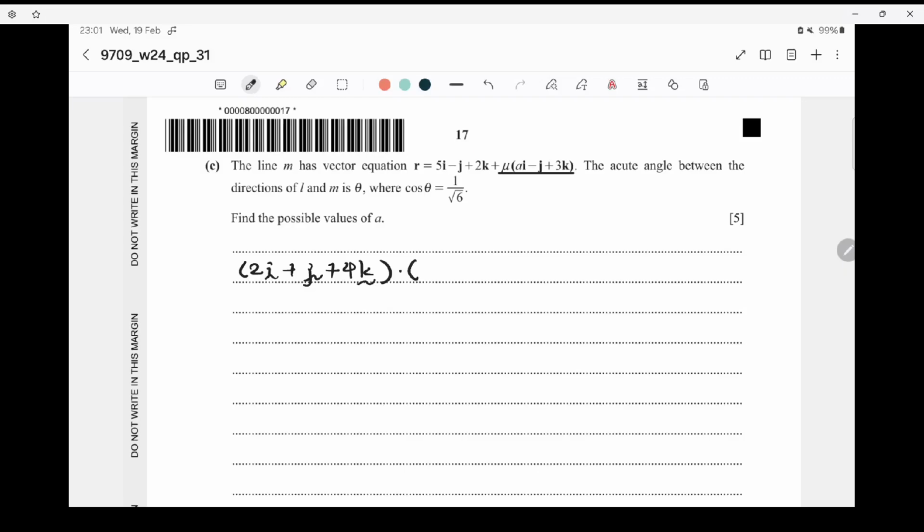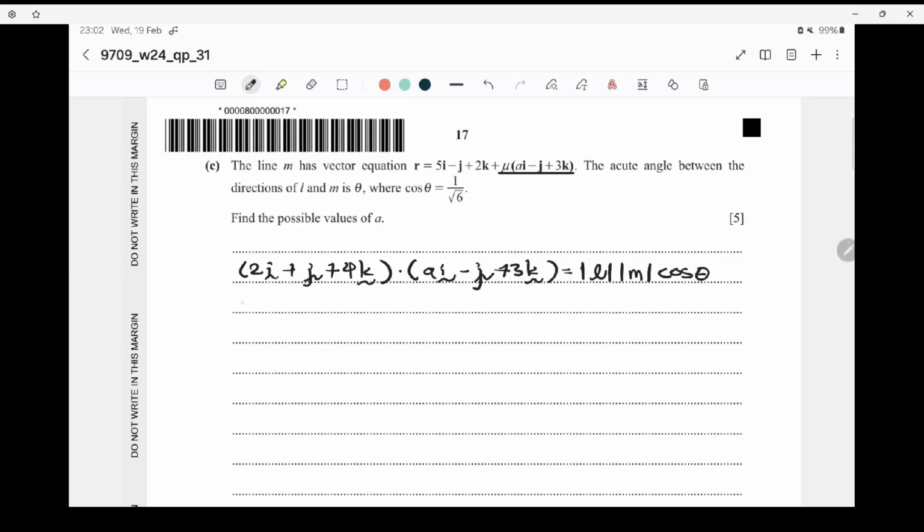You do the dot product with ai minus j plus 3k. So that is equivalent to the magnitude of L multiplied with the magnitude of M, and then cos theta. So let's do the left hand side first. So only i dot i, j dot j, and k dot k will result in some values.